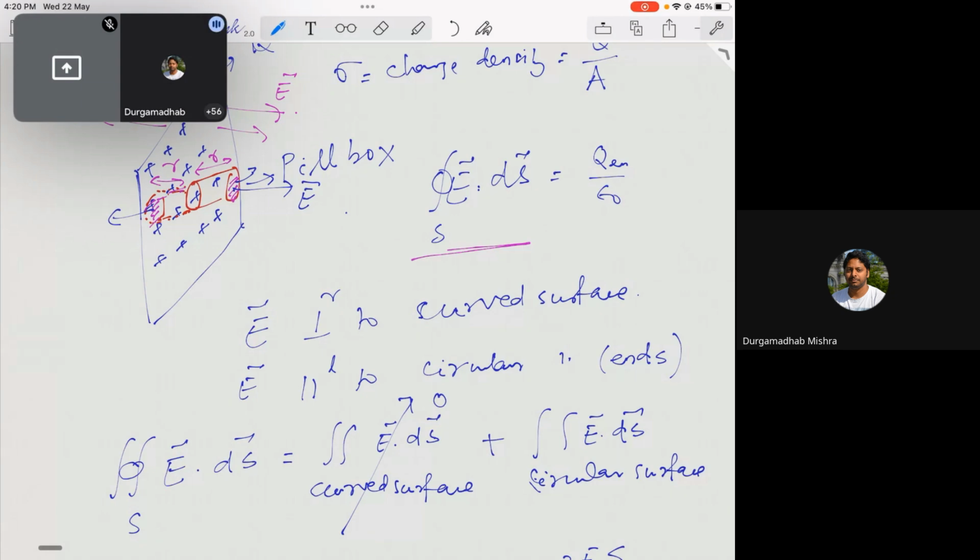So how thin should it be? It should be thin enough so that the distance r where we want to find the electric field is much larger than this thickness. Okay, so you can neglect the thickness when you compare it to the distance at which you are calculating the electric field.